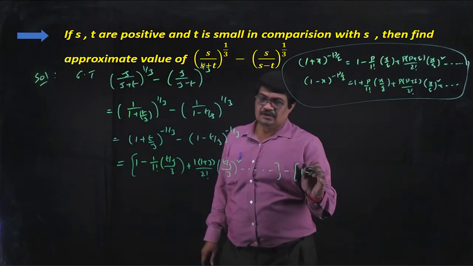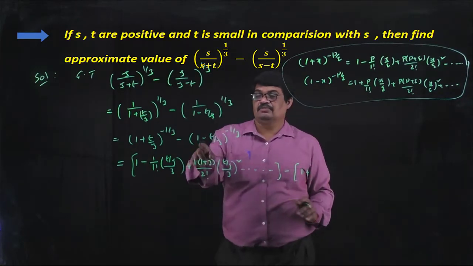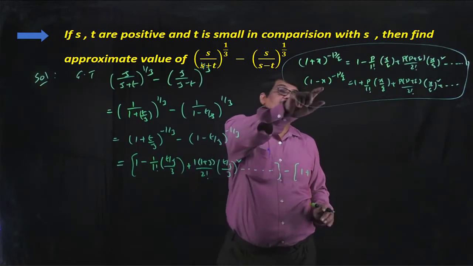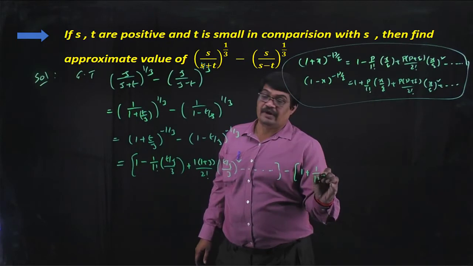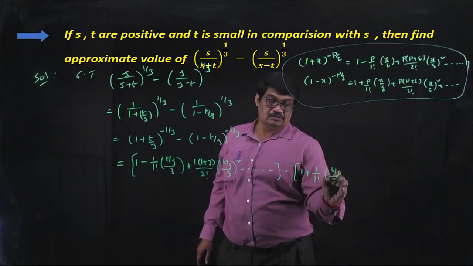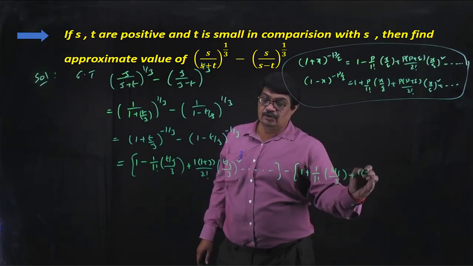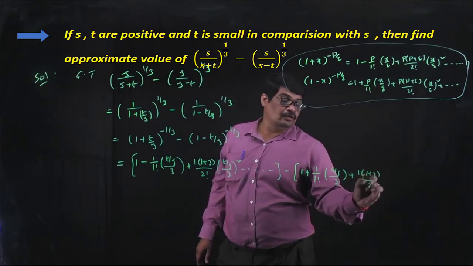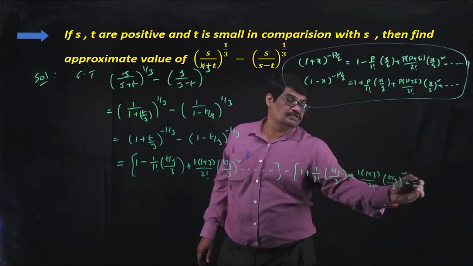That is 1 minus x whole power minus p by q, 1 plus p by 1 factorial, 1 by 1 factorial into x by q, that is t by s by q, q is 3, whole power, 1 plus p into p plus q by 2 factorial into (t by s by 3) whole square, plus and so on.